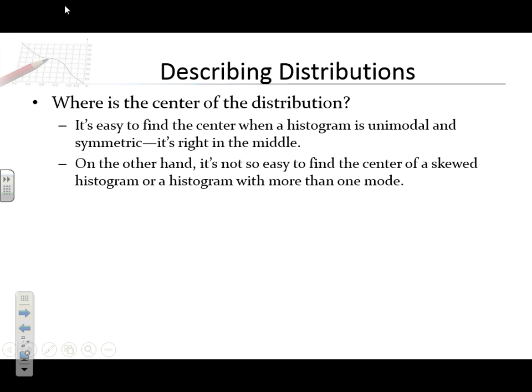But the other situation that might arise is you might be given a graph, so they might give you a histogram and say, give the center. Well, if you don't have any accompanying data, the center can be fairly tough to pick out. And so at that point, you just have to give your best guess. Where does the center appear to be in my graph? And in those situations, I'll have an acceptable range of values.